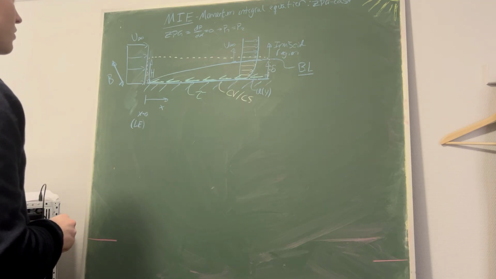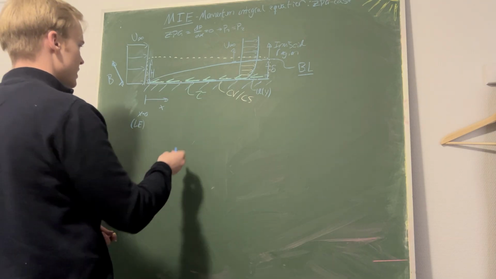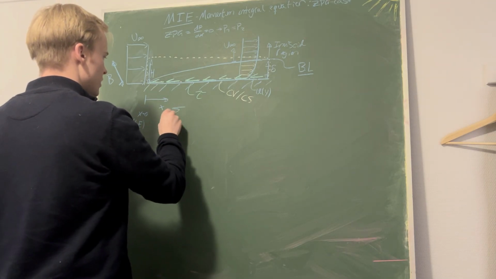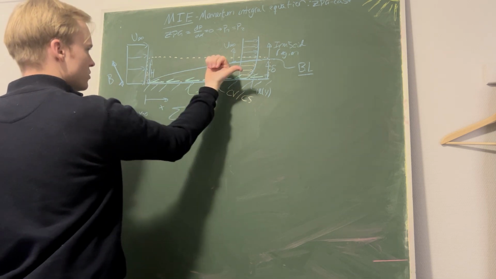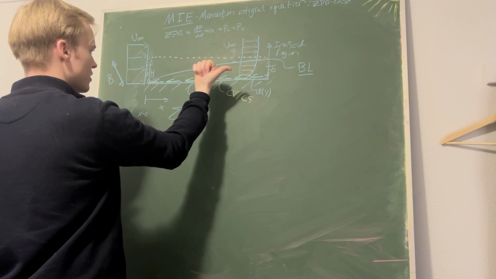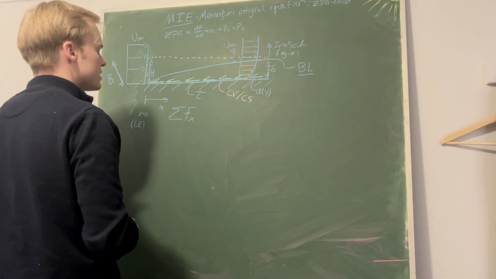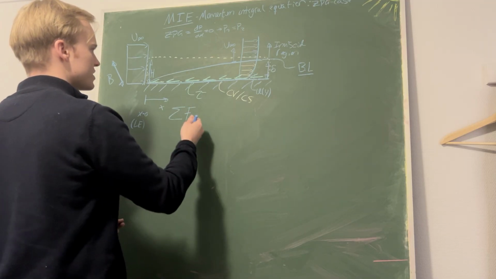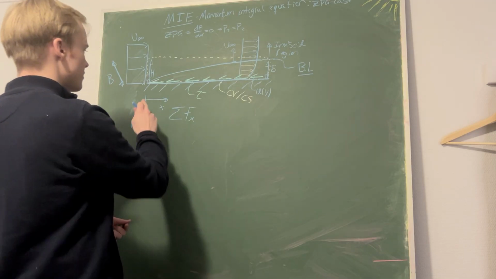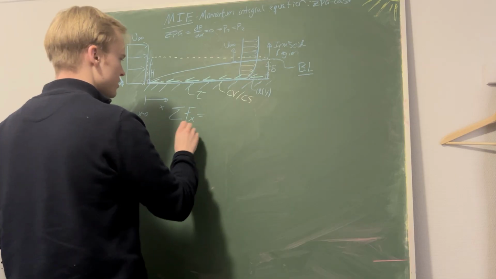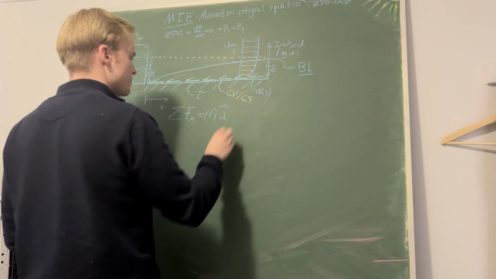Okay, so let's consider a control volume approach for this problem. So we say that, well, again, the sum of the forces in the x direction, because we only have flow in the horizontal direction, which is a function of u or u infinity in this case, and we have shear forces acting in the opposite way of our flow. So we say that the sum of the forces in the x direction should be, again, mass times acceleration.